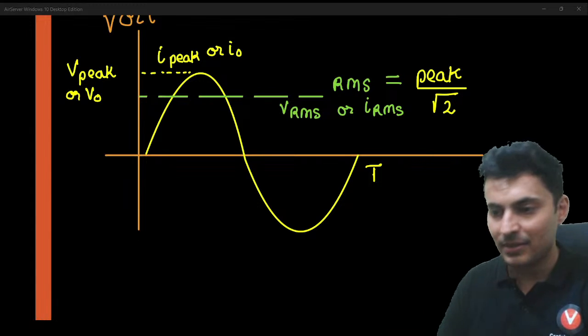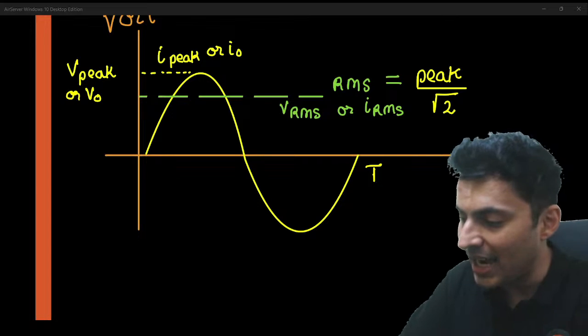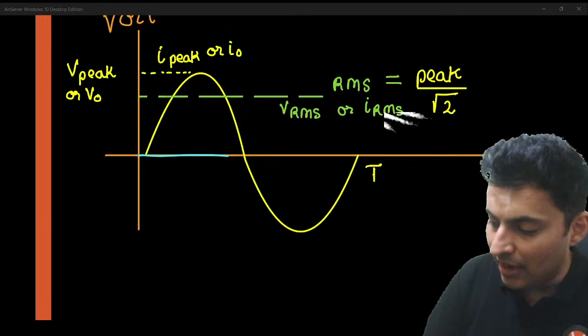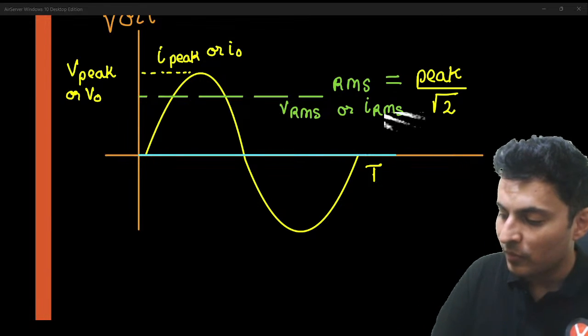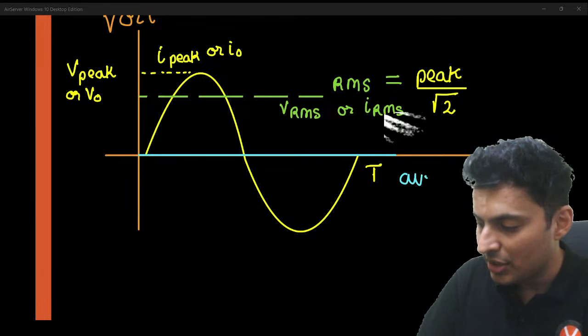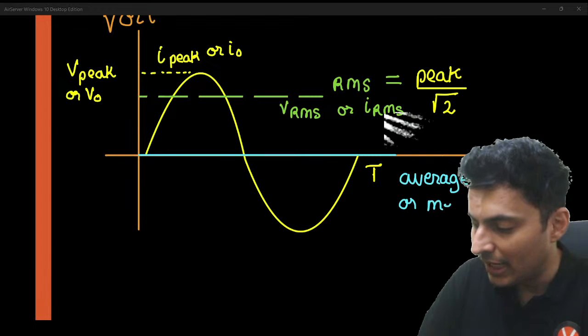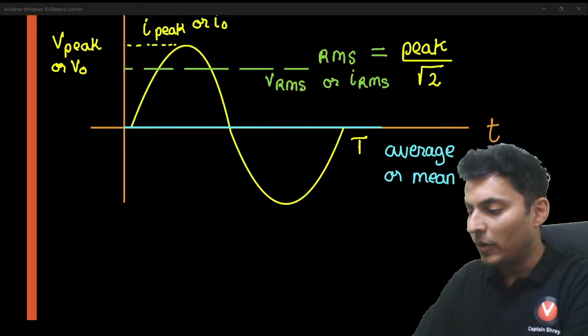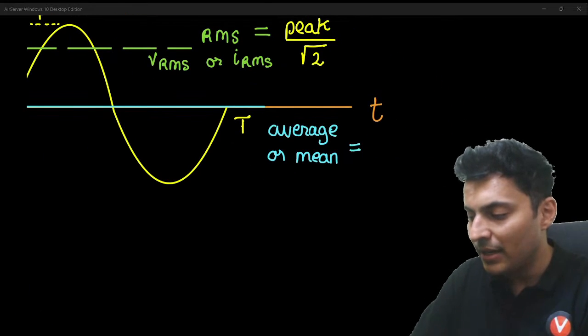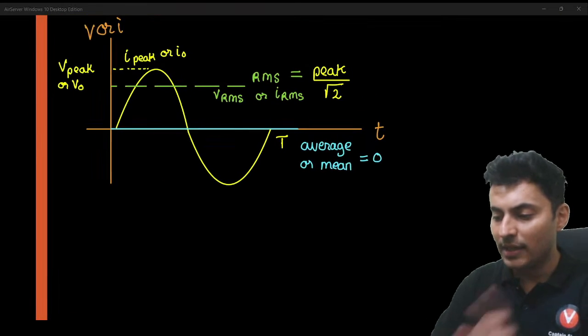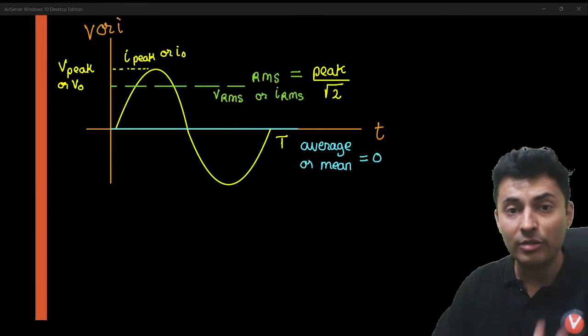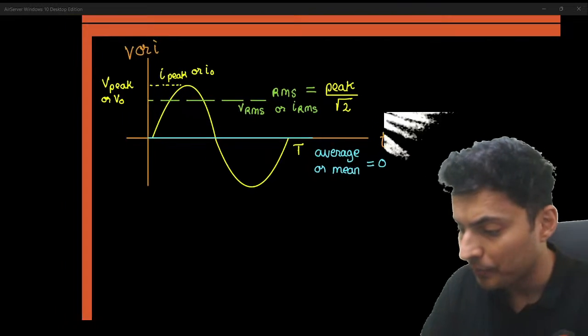This is how it is. If you talk about the average, the average or the mean value will be a big fat 0. These are the few terminologies initially which you must know.